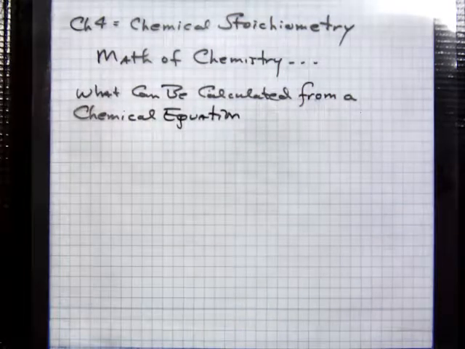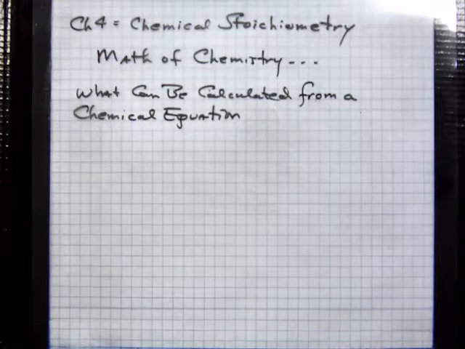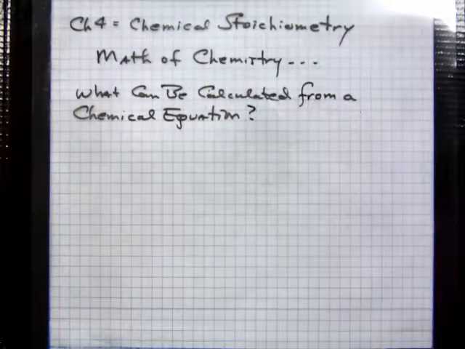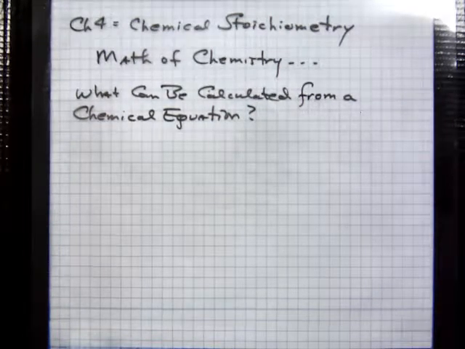What is the mathematical relationship in a chemical equation, and how do we apply that in the mathematical solutions?